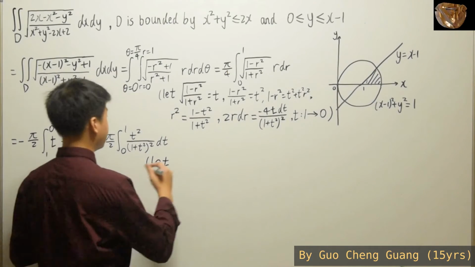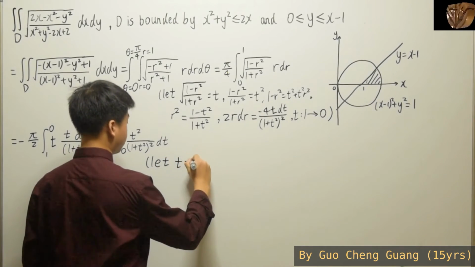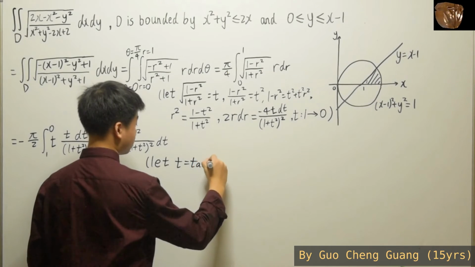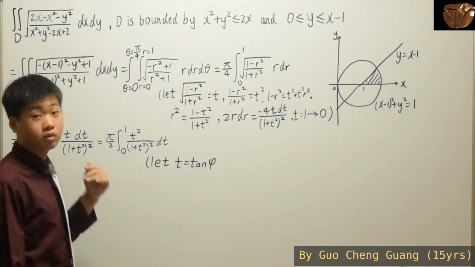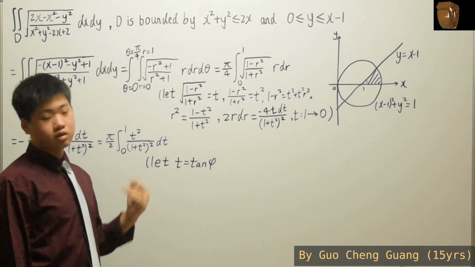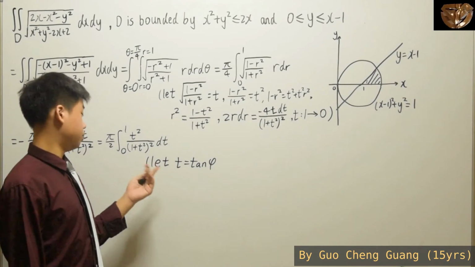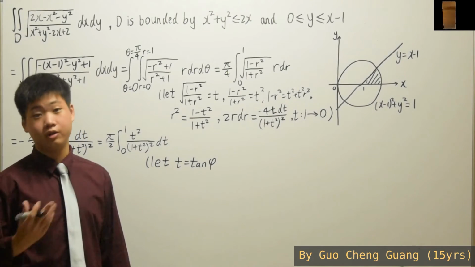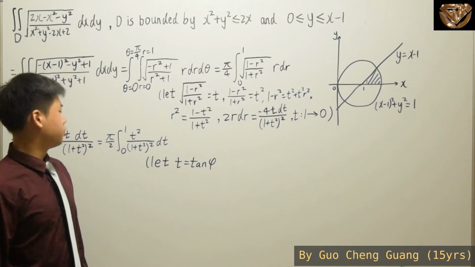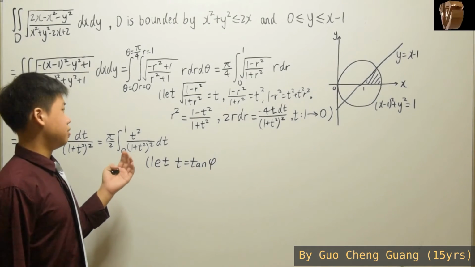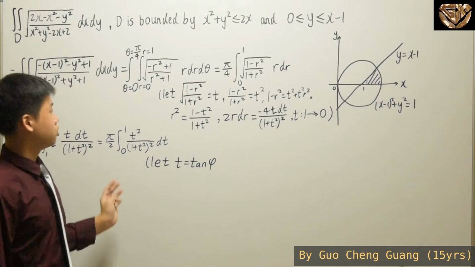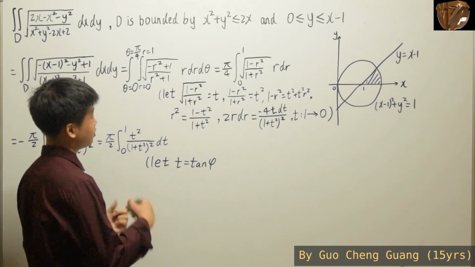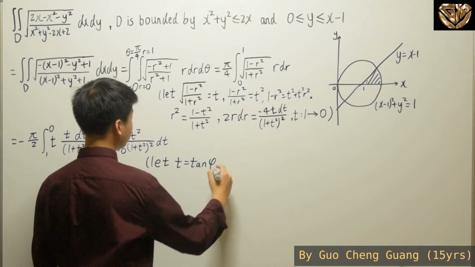So in this case, we will let t be equal to tangent phi, for example. Okay? So of course you can use cotangent, but that just depends on how you like to use it. And of course, maybe you want to use the same variable as before, but it's preferable not to do so since you wouldn't want to confuse within the same question, alright?